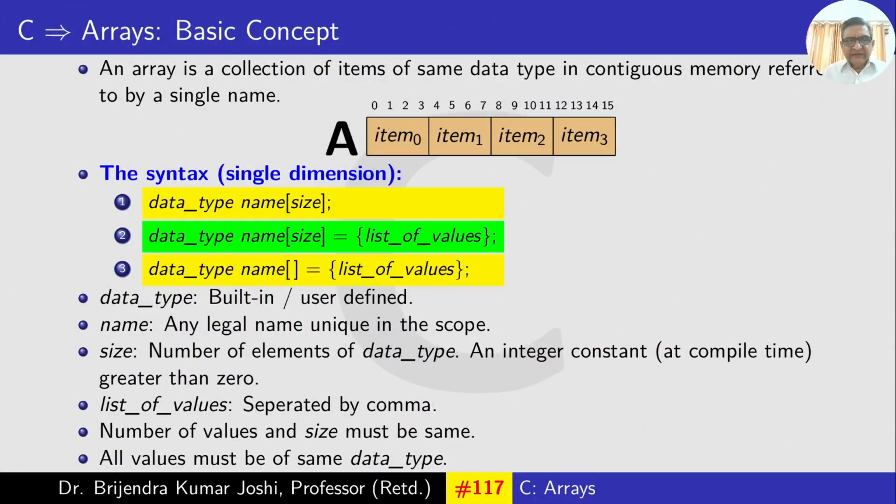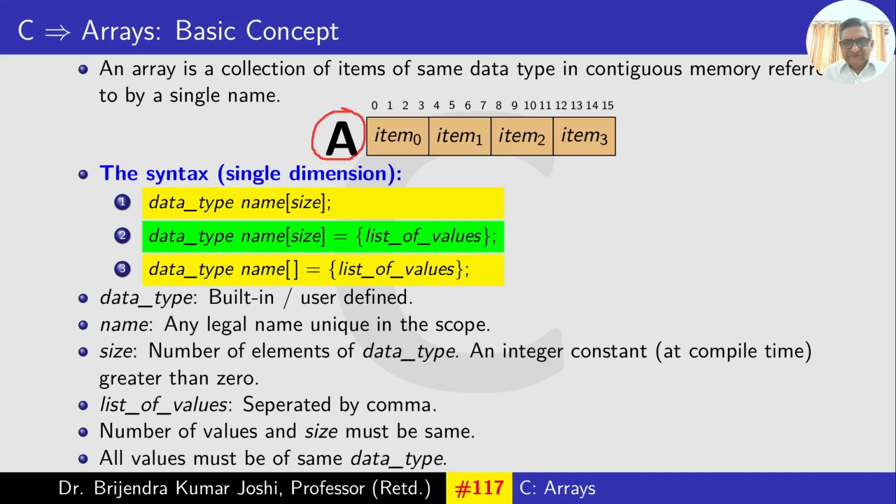Okay, so what is an array? An array is a collection of items of same data type in contiguous memory locations. And in addition to that, this collection is referred to by a single name. For example, here suppose I name an array A, capital A, of 4 integers.